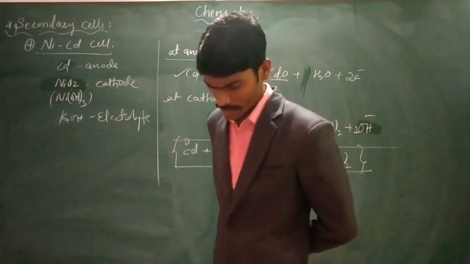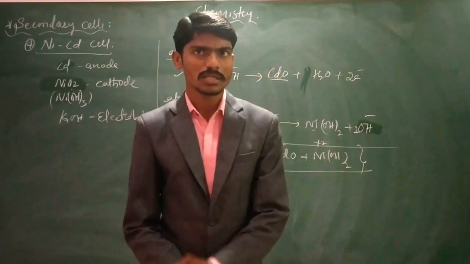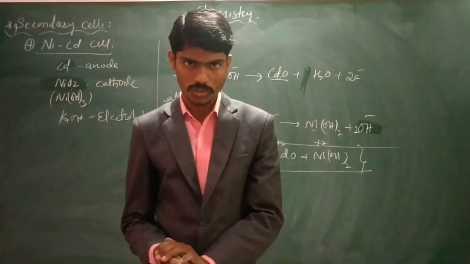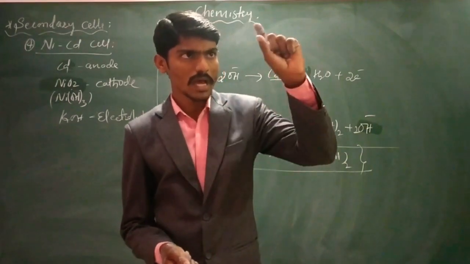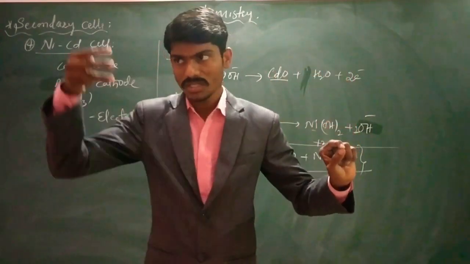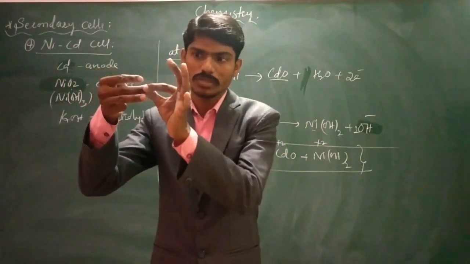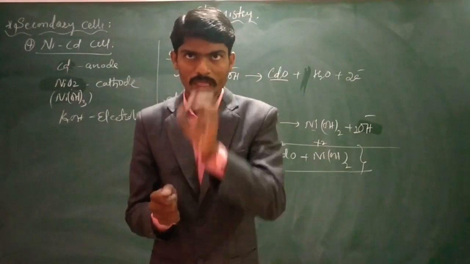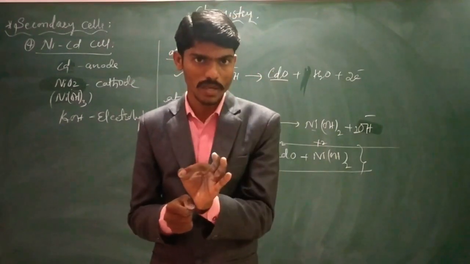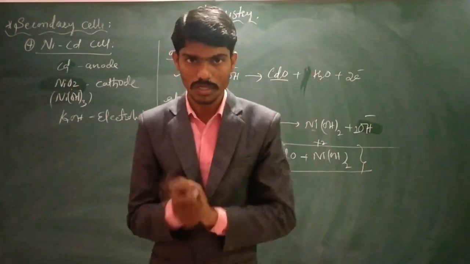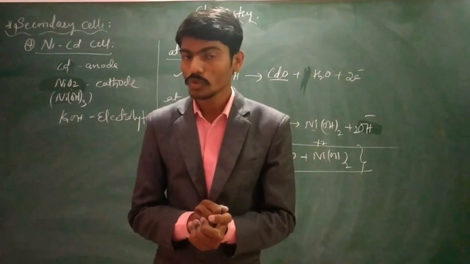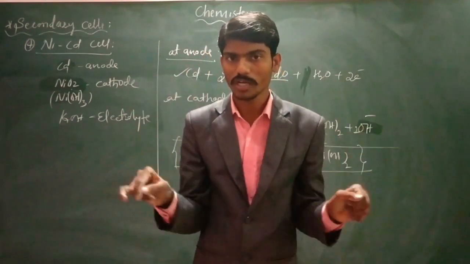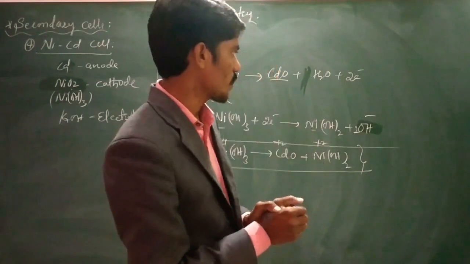You write a tabular column which contains 4 batteries, हर एक बैटरी में एनोड, कैथोड, इलेक्ट्रोलाइट कौन सा है लिखिए, along with that एनोड रिएक्शन, कैथोड रिएक्शन, ओवरऑल इक्वेशन. 4 batteries हैं: ड्राई सेल, मर्क्यूरी सेल, लेड स्टोरेज, निकल कैडमियम. 3 पॉइंट नोट कीजिए: एनोड, कैथोड, इलेक्ट्रोलाइट, प्लस एनोड रिएक्शन, कैथोड रिएक्शन, ओवरऑल इक्वेशन. So 3 into 4, 12 cell reactions plus anode, cathode, electrolyte. एक टेबुलर कॉलम नोट कीजिए. In the next class we discuss about the next concept.